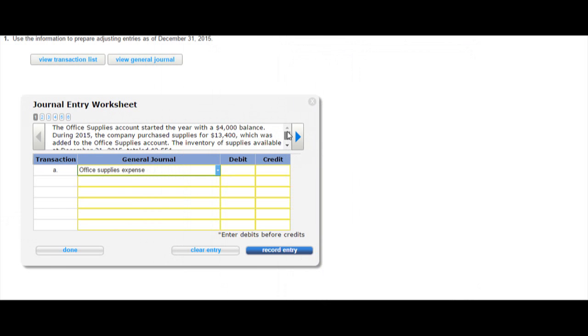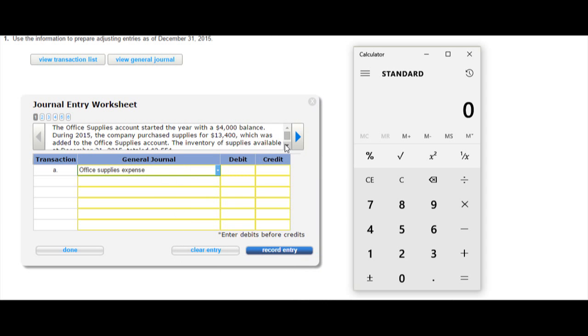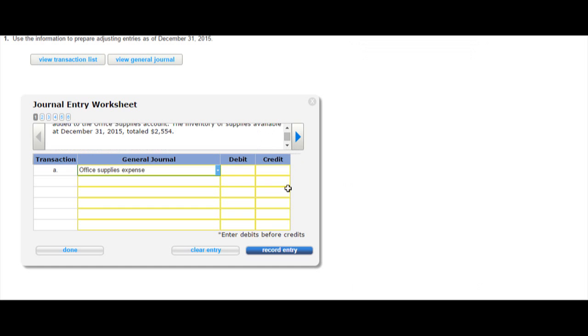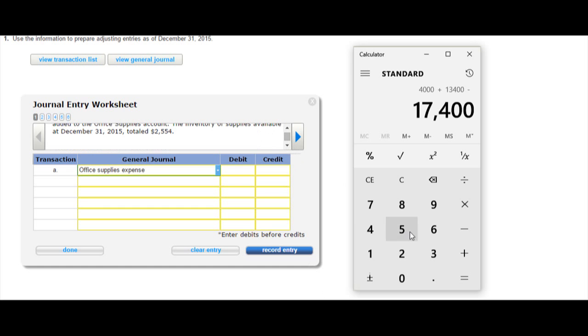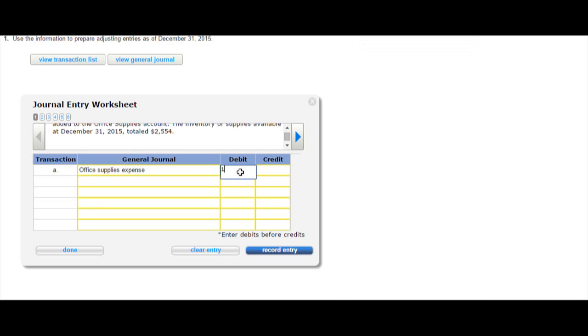and start with $4,000 in the beginning plus the $13,400 that they added to it, and subtract what's left. And what was left was $2,554. So they must have used $14,846, and that's the amount of the expense.